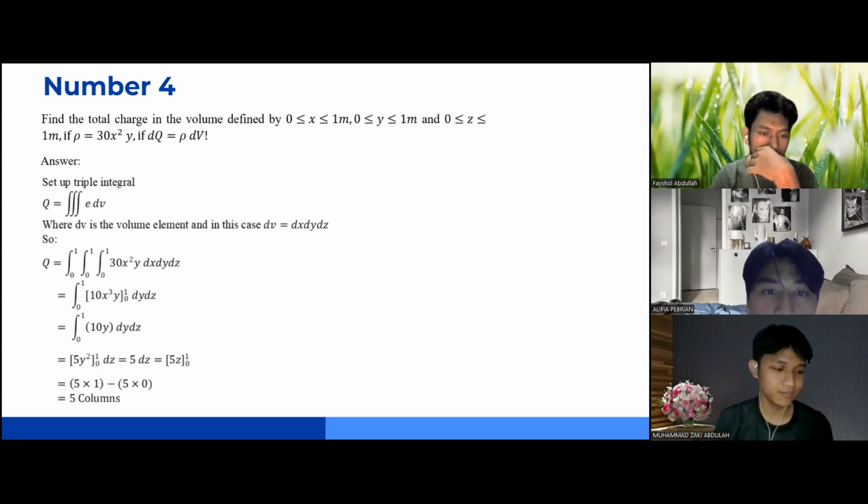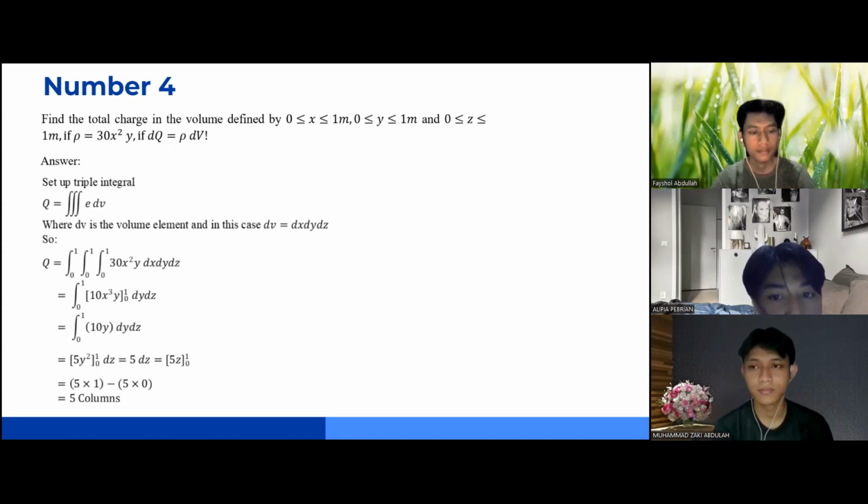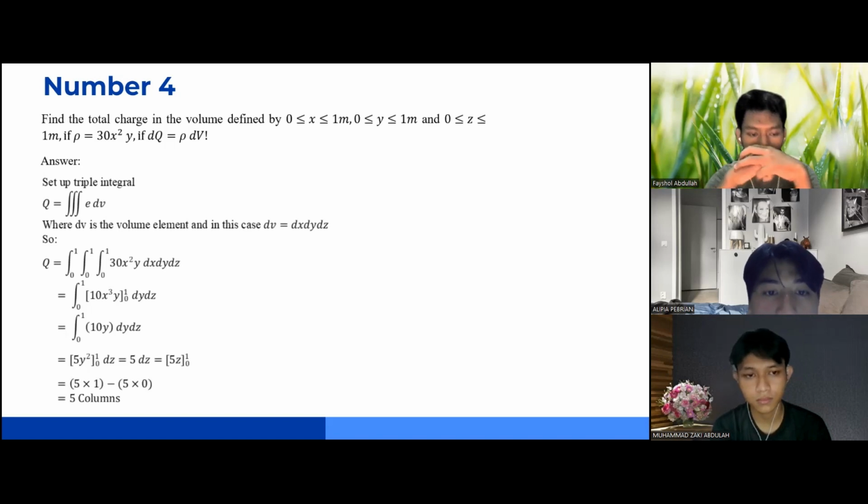After integrating with respect to x, the result is Q equals the integral from 0 to 1 of 10y dy dz, and then we integrate with respect to y. Q equals the integral of [5y²] from 0 to 1 dz, and the result is Q equals the integral of 5 dz.